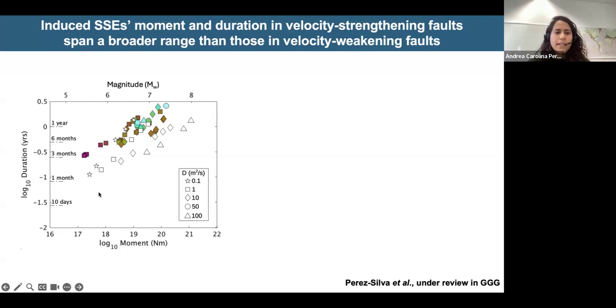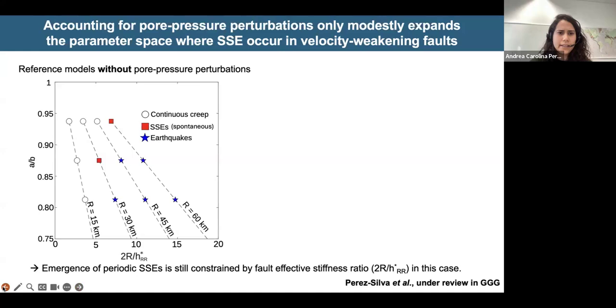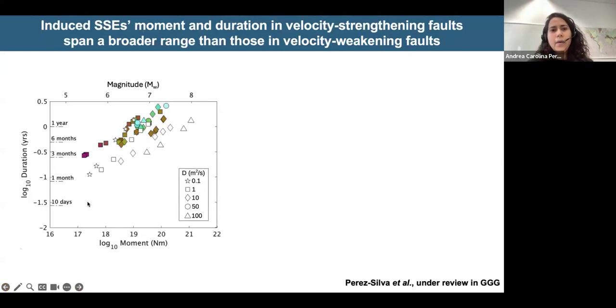So from this, we speculate, or kind of infer, that these pore pressure perturbations are a more effective mechanism for generating SSEs in velocity strengthening faults than in velocity weakening faults.